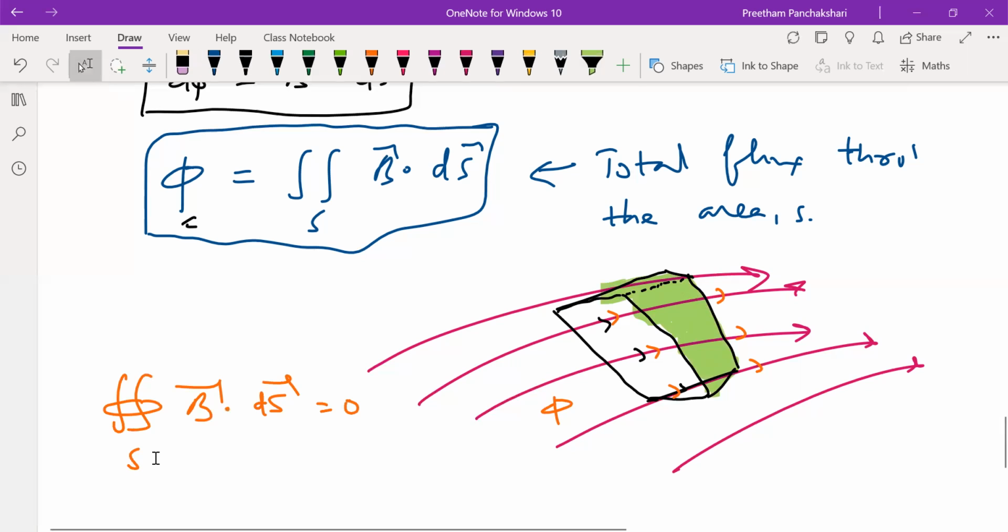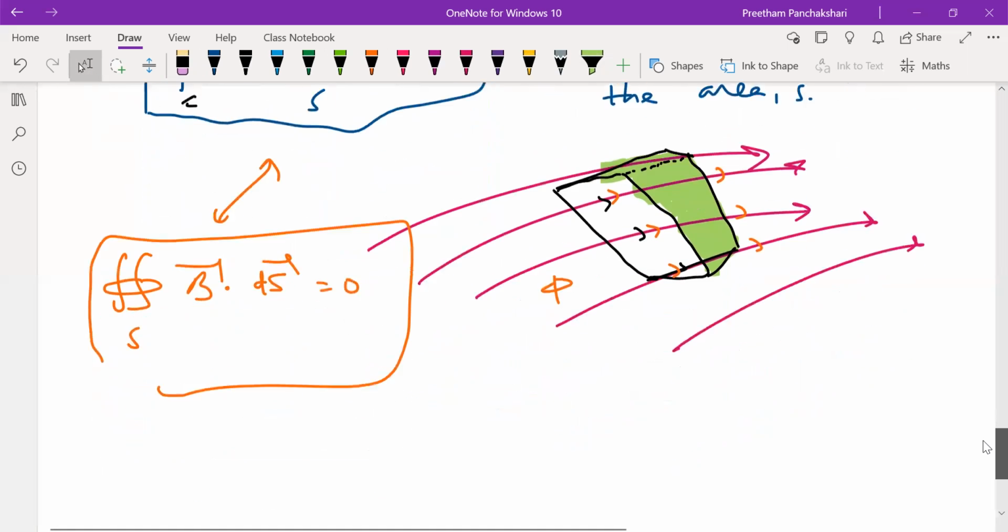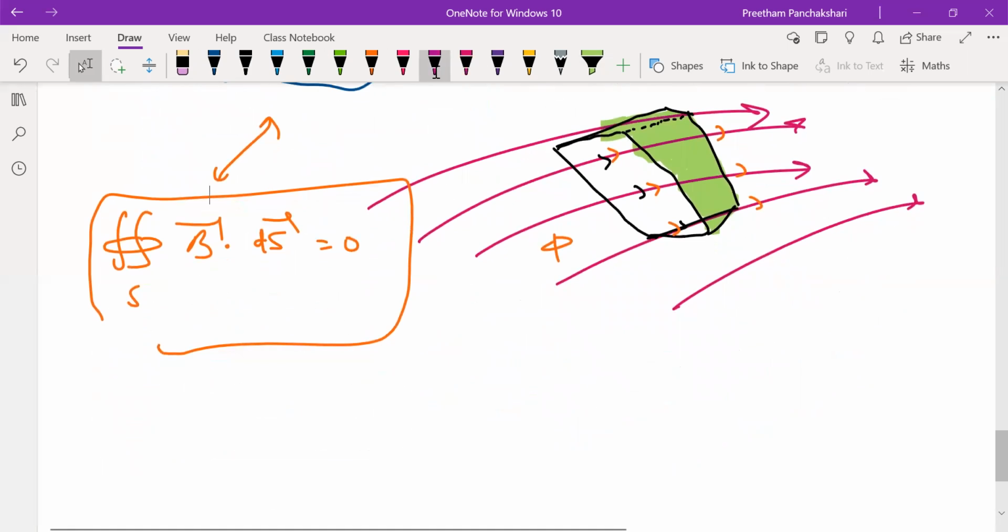Carefully understand the difference between these two integrals. This is the open surface integral and this is the closed surface integral. So the total flux through a closed surface is always equal to 0.